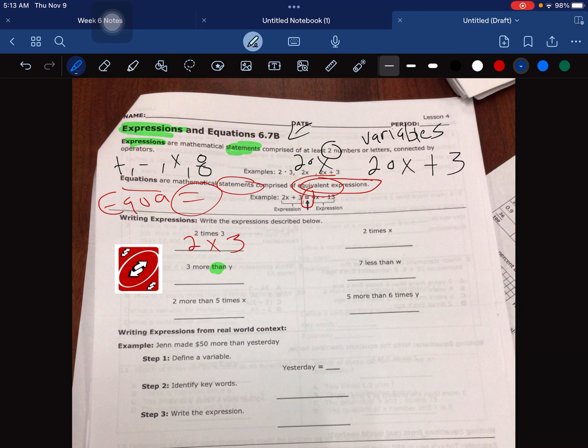So whenever you see the word than, uno reverse card, chicos. So you're going to have, instead of 3 more than y, because it says 3 more than y, we need y first, and then we add 3. So whenever you see the word than, chicos, literally just reverse the order. That's it.